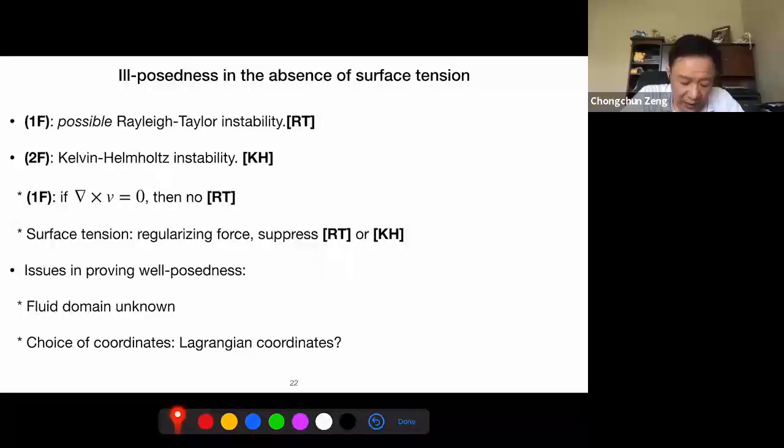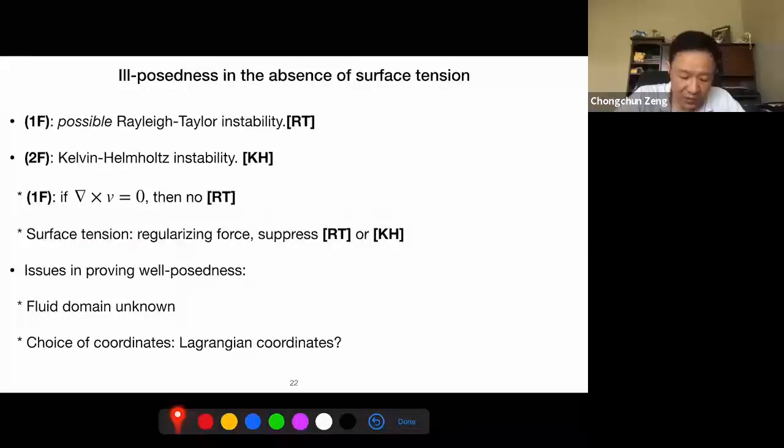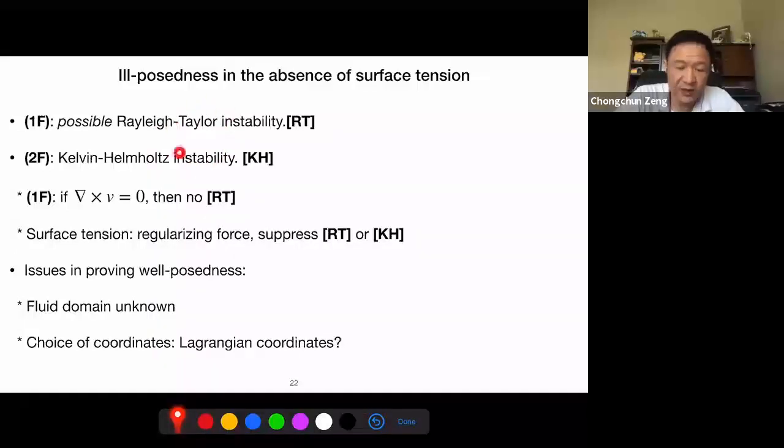And when you add the surface tension, it stabilizes. Physically, the intuition is that the surface tension is created by energy associated to the surface area. The surface area corresponds to a high regularity requirement. And so it's a stronger stabilizing effect at high wave numbers, and it overpowers the Kelvin-Helmholtz instability and the Rayleigh-Taylor instability and stabilizes the problem.